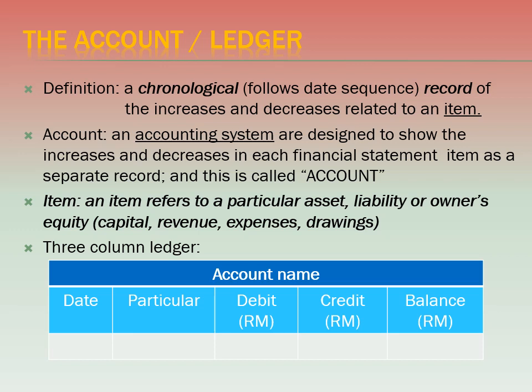The particulars mean the other accounts affected by the transaction. Then the debit column, credit column, and balance column. So this is what we call a 3-column ledger that we will cover in the next lecture videos.